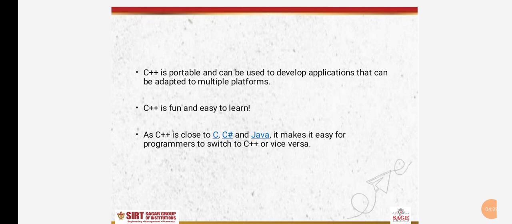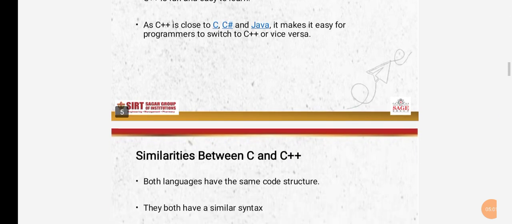For example, suppose we have learned the C language with different input-output functions like printf and scanf. Having understood the concept and the logic of C, we can implement the code in C++ and Java also. So we can switch from one programming language to another.